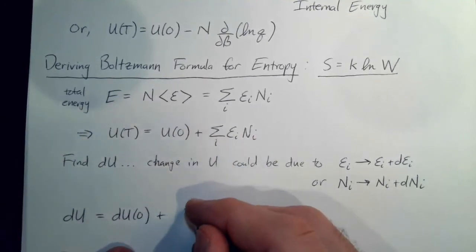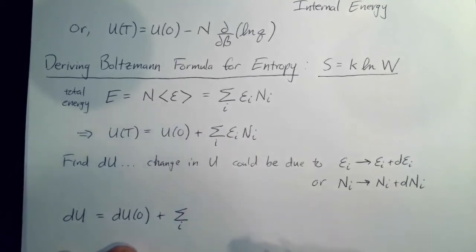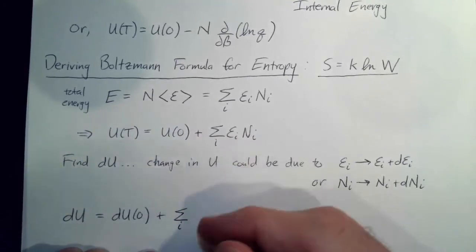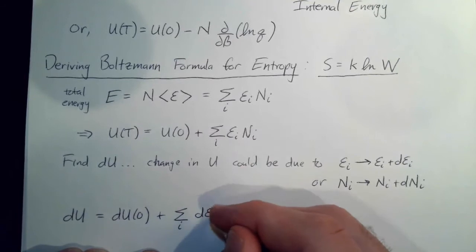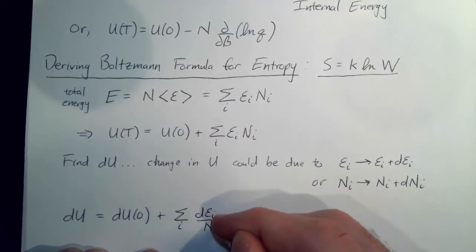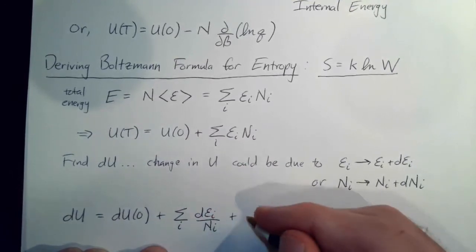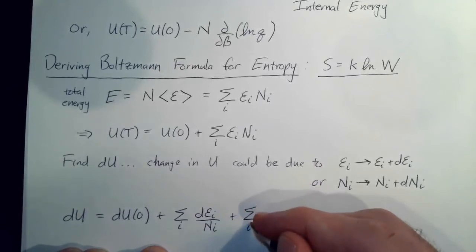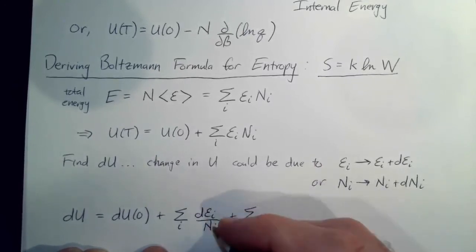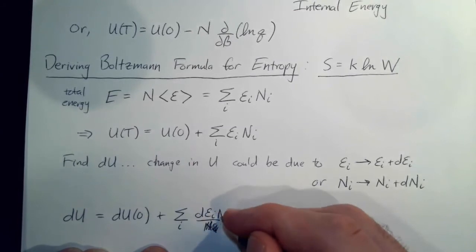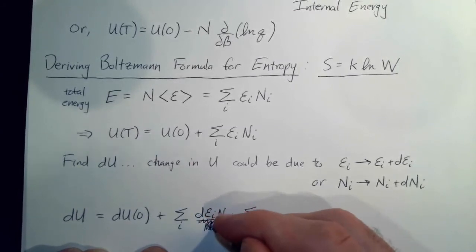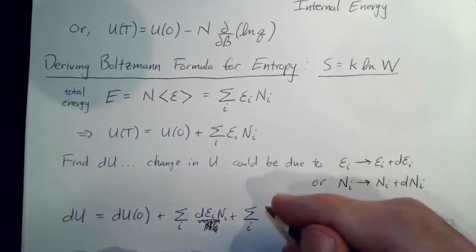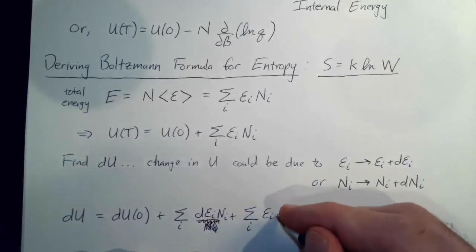So I have the sum of d epsilon i n_i plus the sum, whoops, n_i is supposed to be up there, plus the sum of epsilon i d n_i.